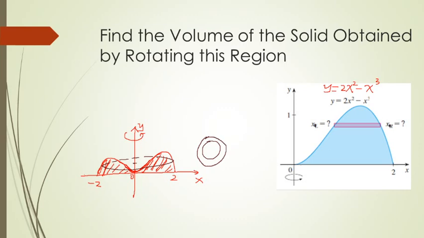So if we try the washer method as before, the cross section will be pi outer radius squared minus pi inner radius squared. But this one will be much more difficult, finding the inner radius as well as the outer radius.